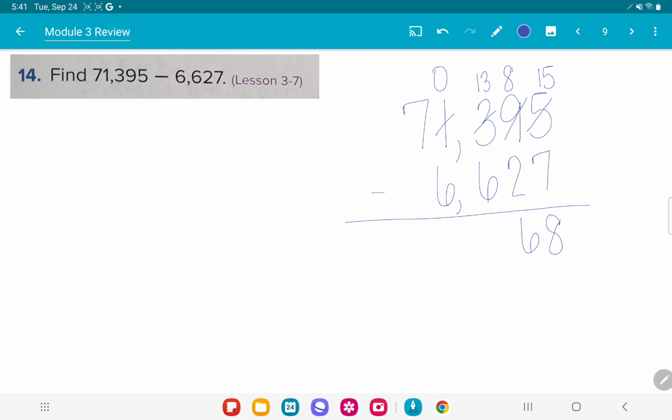And 13 hundreds. 13 minus 6 is 7. 0 minus 6. I can't do that, but once again, I can use a little bit of number sense and see that I've got 70 minus 6. I need to go 6 back from 70. That's going to be 64. My answer is 64,768.